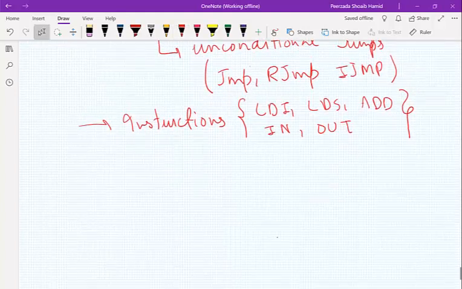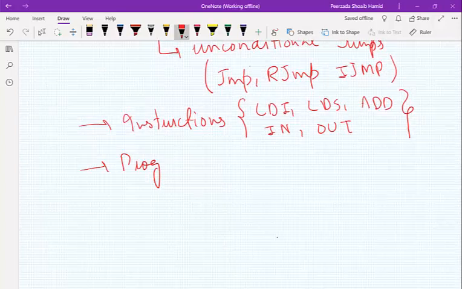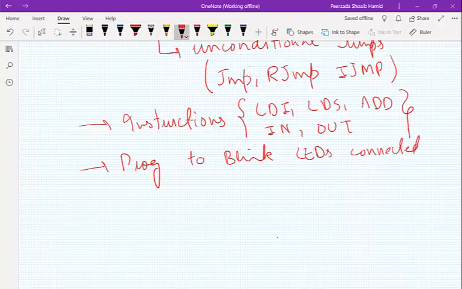So we wrote a program to blink LEDs connected to a particular port of the Atmega 328.